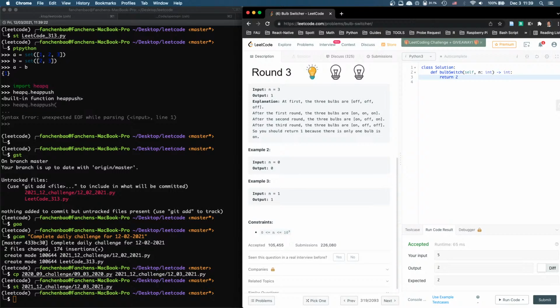And then for number 6, 2 will toggle it off. 3 will toggle it on. Right? 4 does not change. 5 does not change. And 6 will toggle it off. Right? Because 6 equals 2 times 3.